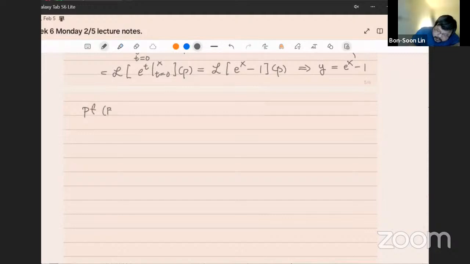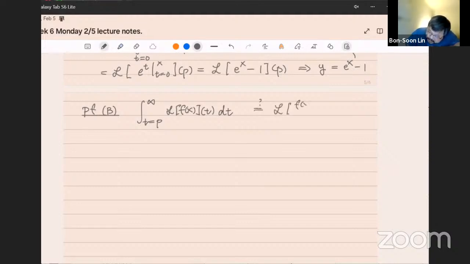Proof of B. Okay. So we want to show that the integral from p to infinity of the Laplace transform of a function of t, because that's the dummy variable this time, dt, is equal to question mark, the Laplace transform of f of x over x.